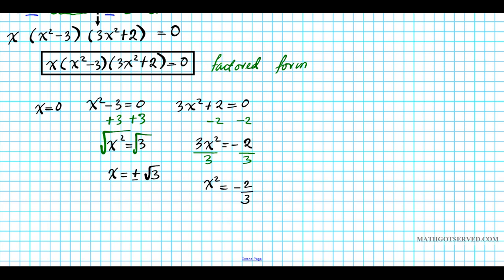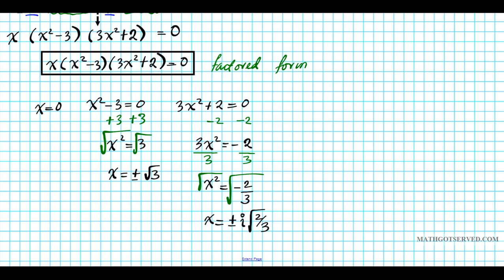Lastly, you take the square root of both sides, and you're going to have x equals plus or minus. Since you have a negative inside the square root, you have an i times the square root of 2 over 3. This can be simplified further, but we'll just leave it like this in this problem.